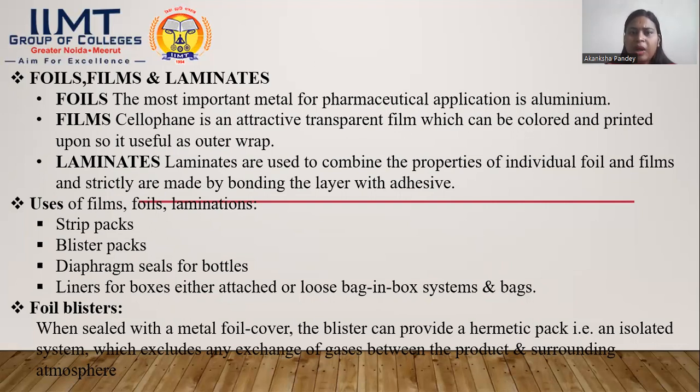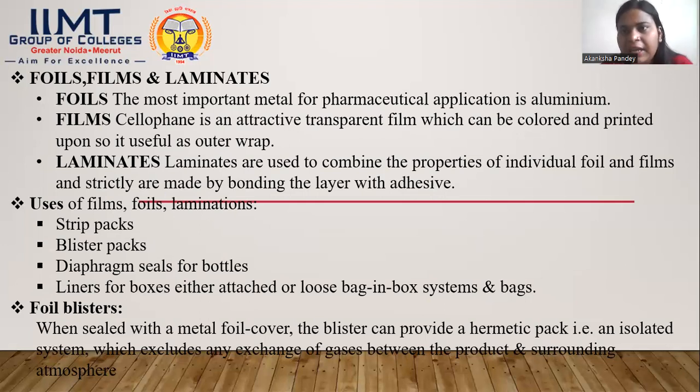Laminates are used to combine the properties of individual foil and film, and are made by bonding the layers with adhesive. Foil is the simplest form of using aluminum to pack any solid material. For films, we have a cellophane layer to wrap anything, and that cellophane is called film.